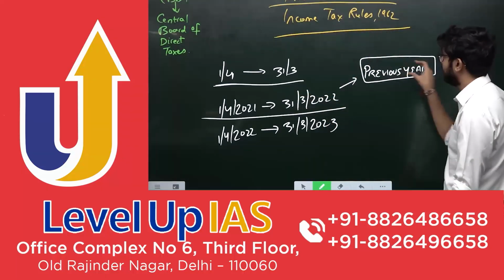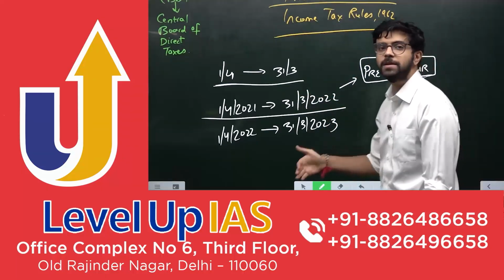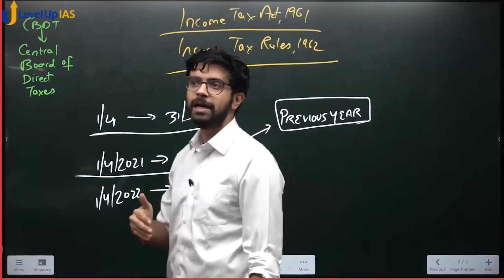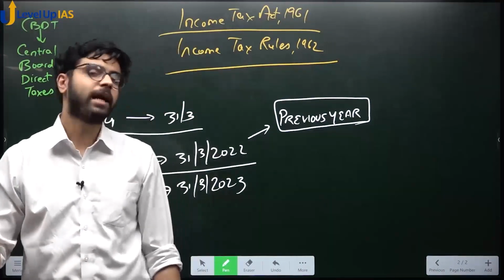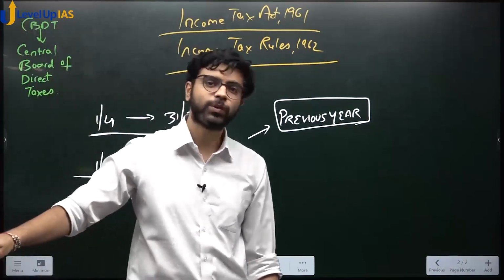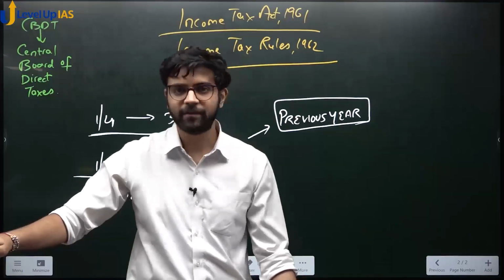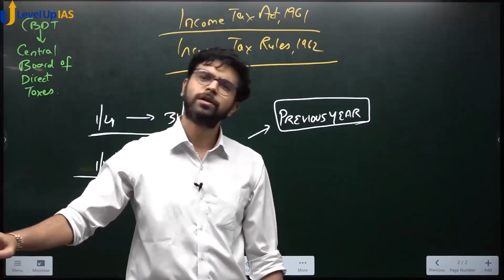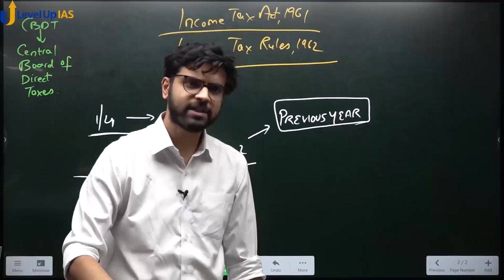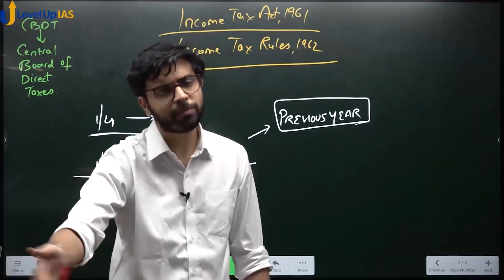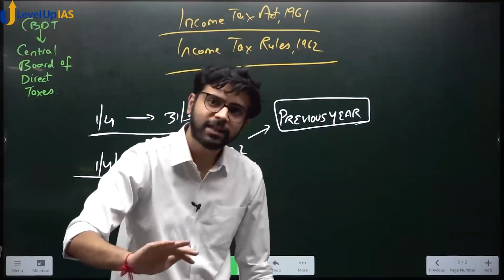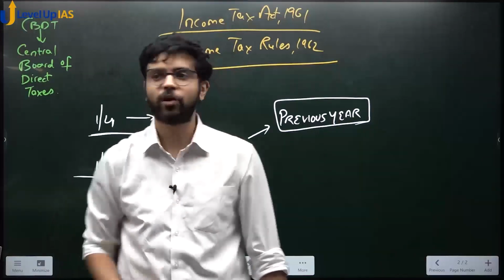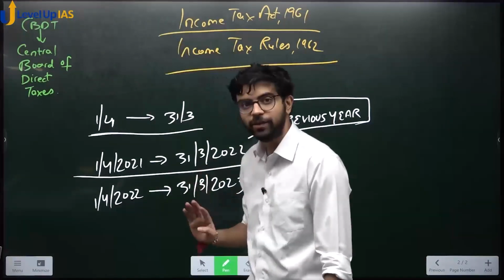This year is called the previous year, the year in which income is earned. So if I earned income in 1st April 2019 to 31st March 2020, then that becomes my previous year. This year I am earning income, this is the previous year. Next year also I will earn income, and next year is also a previous year. But this year's income will be checked next year, because I will be earning till the last day of the year.